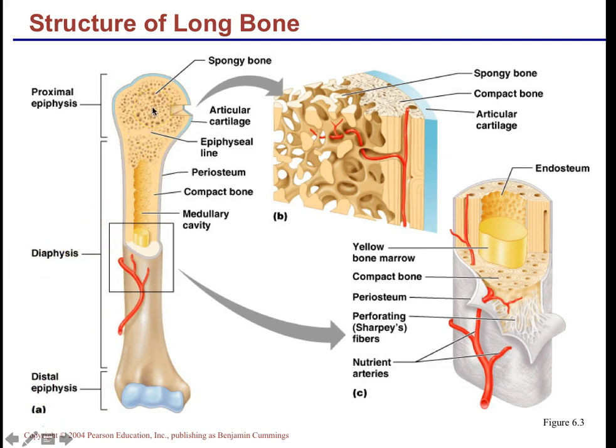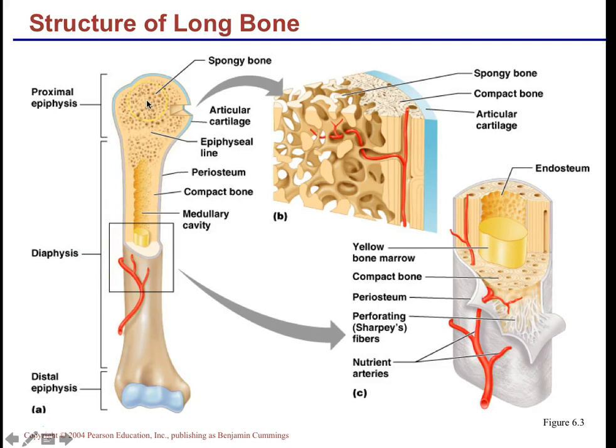Spongy bone is found in the epiphysis. Compact bone is found in the diaphysis. You have a medullary cavity in the middle of the diaphysis that's usually filled with red bone marrow in young children and yellow bone marrow, which is fat, in older people, adults.